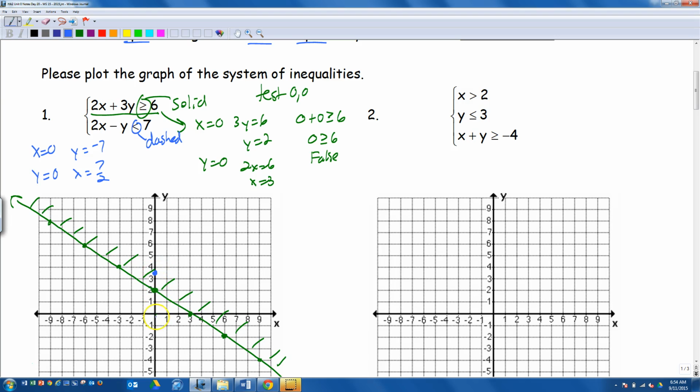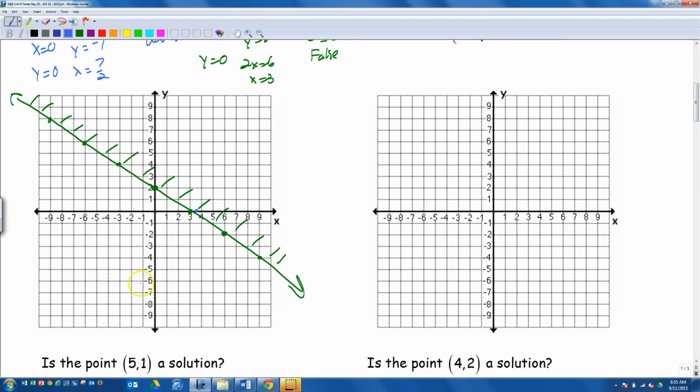Oh, that's the x though, so I already started that wrong. We have to put that on the x-axis, 3.5, so it's really close to where that one hit. And then the other one's -7 down here. So this is the line. Again, you can kind of estimate at this point, and it's going to be dashed. Do not make it solid because it doesn't equal.